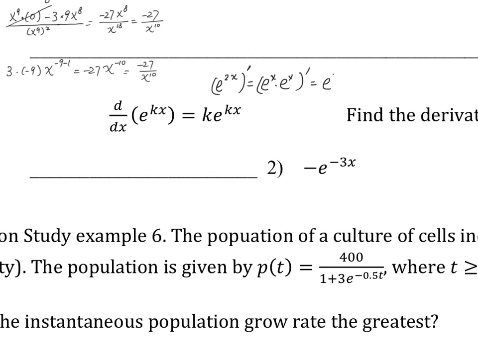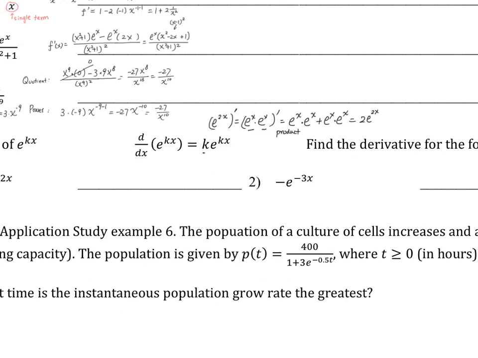According to the product rule, it is the derivative of the first function, which is itself, times the second one, plus the first function times the derivative of the second one, which is itself as well. So I'm applying product rule. And then you can see that they are the same, which is twice e to the 2x, right? So that's kind of showing you how this works. This can be proved using product rule.